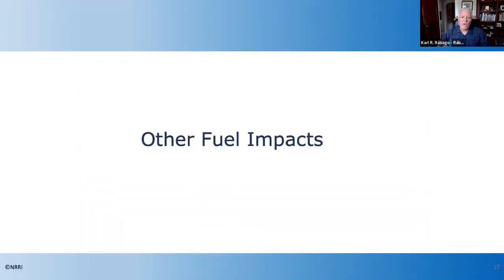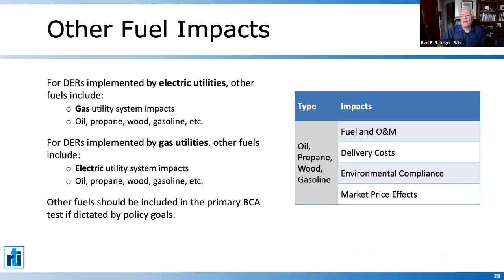The final impact category that I wanted to mention for you, again, is these other fuel impacts. Because when it comes to, say, heating your home or heating the water in your home or business, impacts on the electric system investments, DERs, say a heat pump water heater, will have an impact on your gas bill if you're currently connected to a gas service. So in this case, we look at things like oil, propane, wood, gasoline service that a customer might be using instead of, in lieu of, or as an option to electric service.